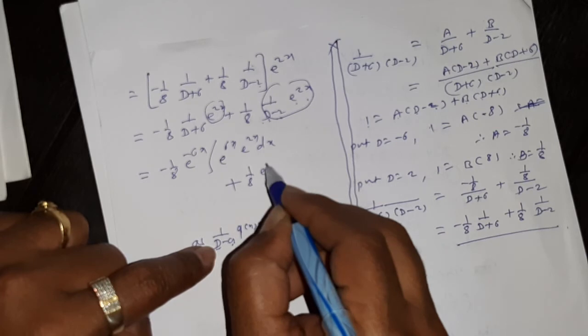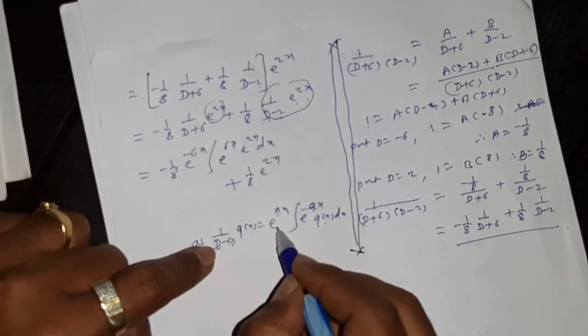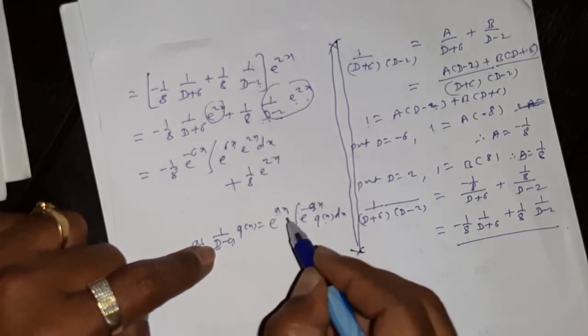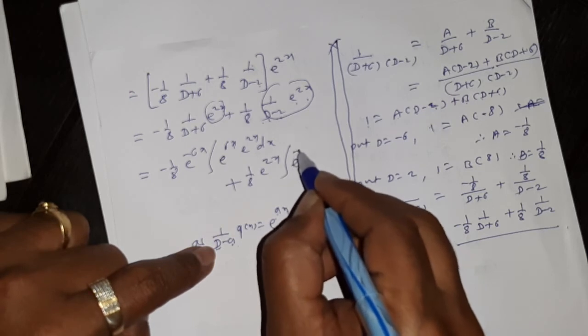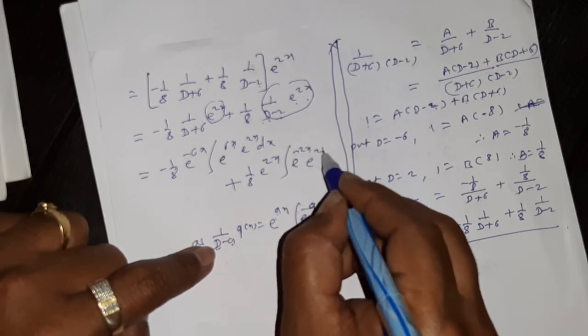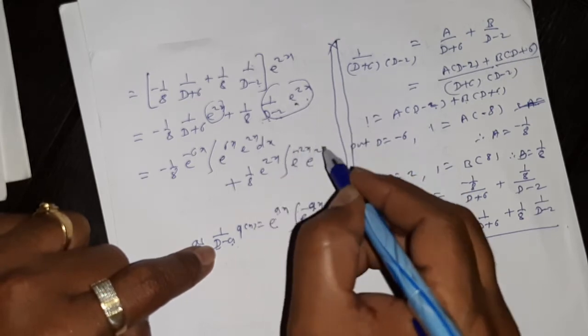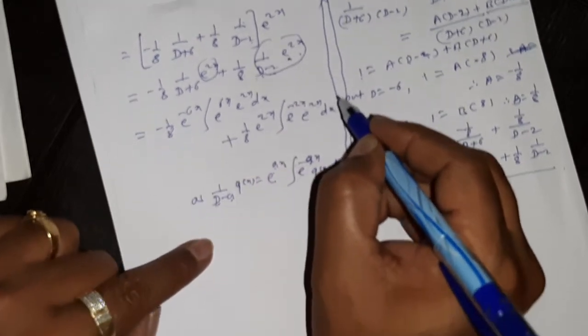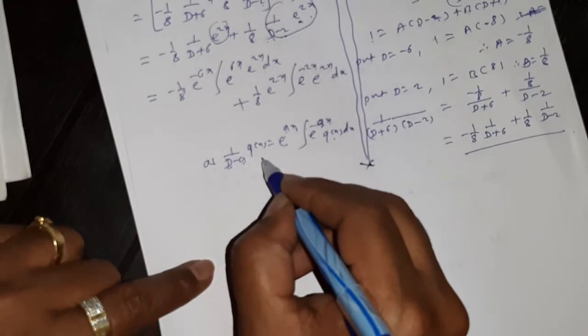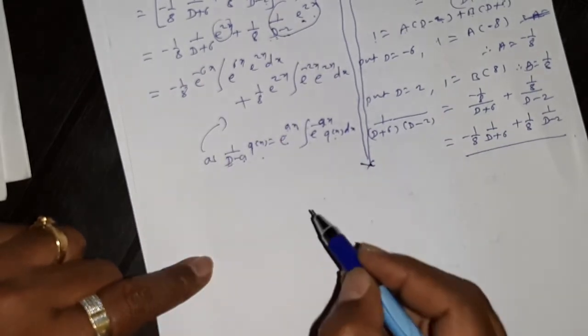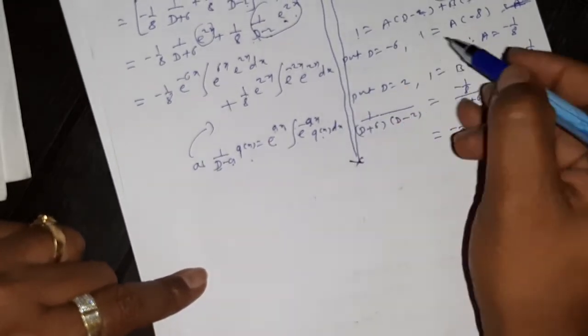So the first factor is e raised to 2x, integration e raised to minus 2x, e raised to 2x. What is this? Q(x). Q(x) is e raised to 2x dx. So this is the reason for this step, right? On the right side.